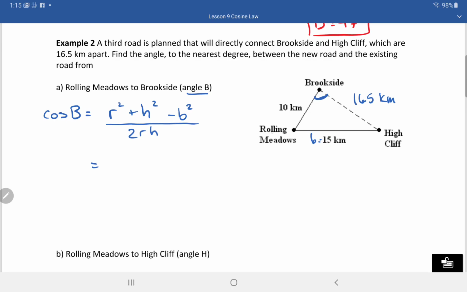Okay, lowercase r is across from capital R, so that lowercase r is the 16.5. Lowercase h is the 10. And the one that we're subtracting, and the one that's most important, is the fact that you're subtracting the 15, which is across from the angle you're solving.